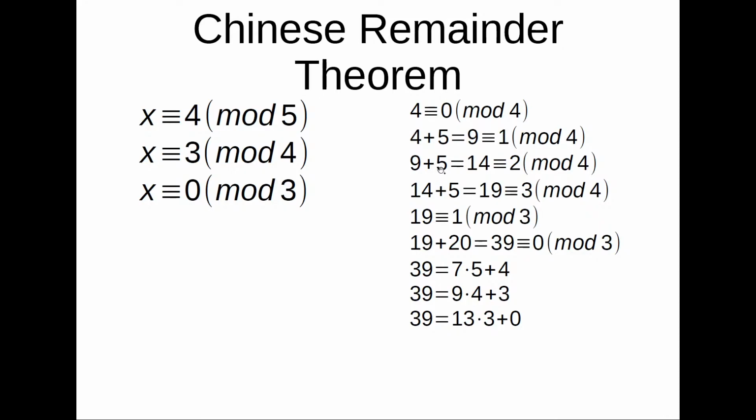And you'll keep going, adding 5 to the number each time until you get to 19, which is congruent to 3 mod 4. So then you need to find an x that's also congruent to 0 mod 3.